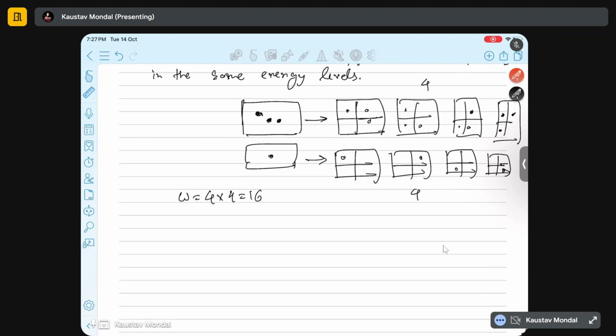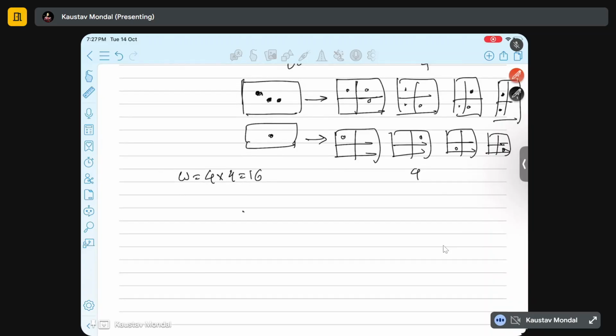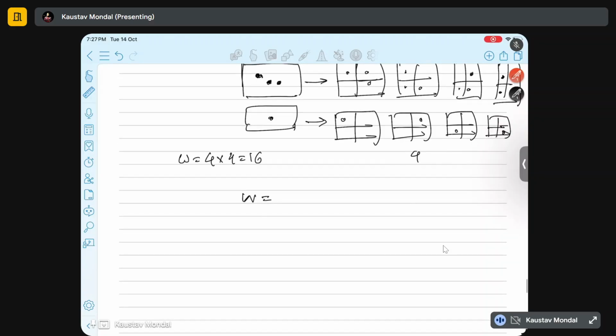Okay. So the total weight would be simply W. For a general expression, let's suppose n particles are there and g numbers of compartments are there.